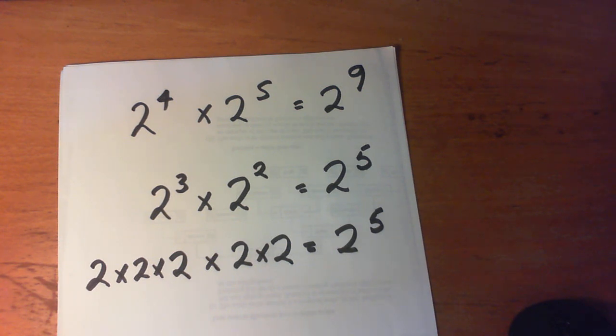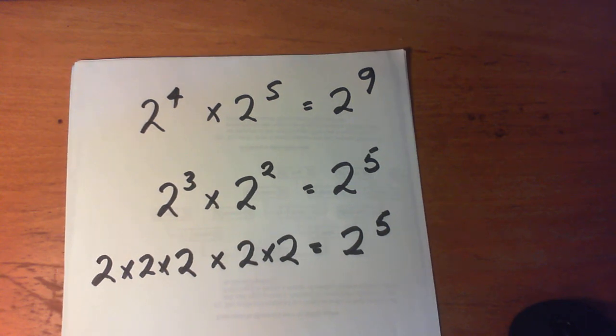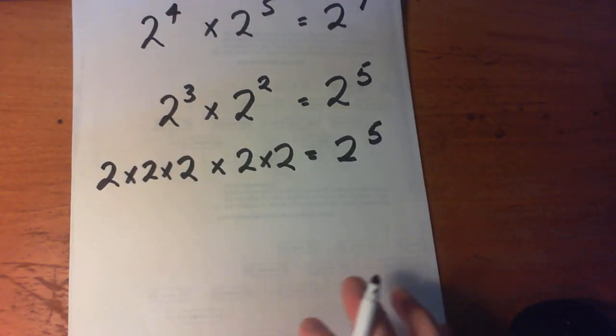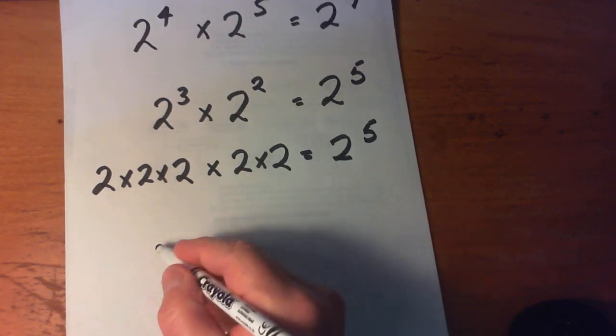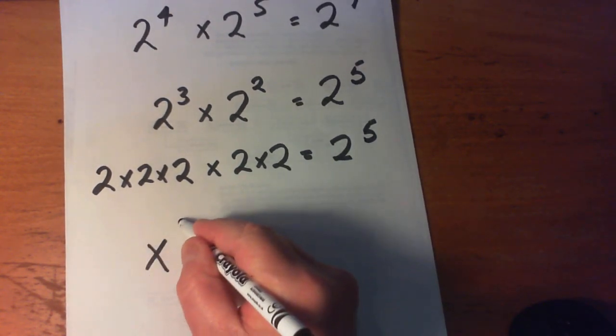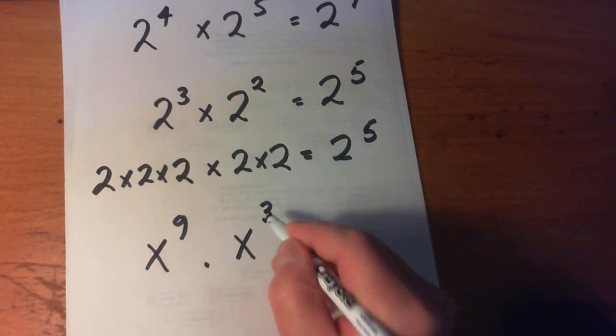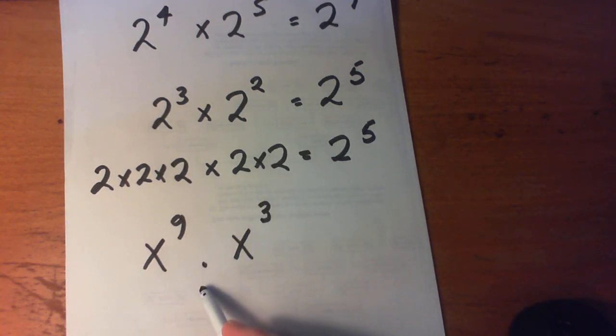So that rule, although it looks strange, is fairly straightforward to explain. We're leading up eventually to using algebra. If we had an algebraic expression like this, I'm using a dot to denote multiplication.